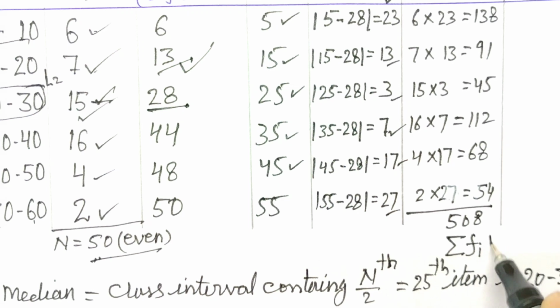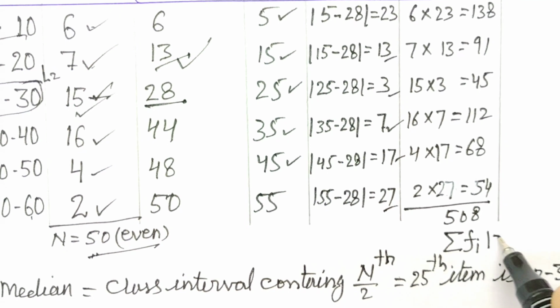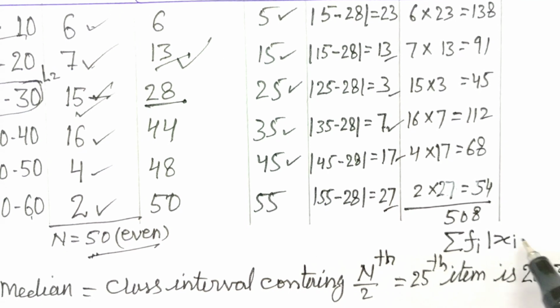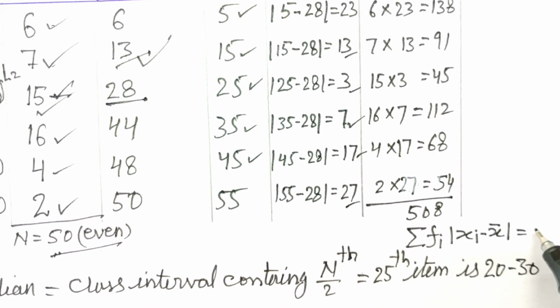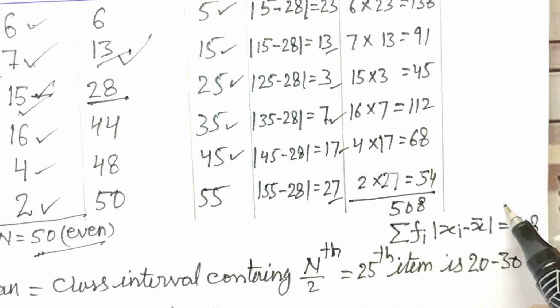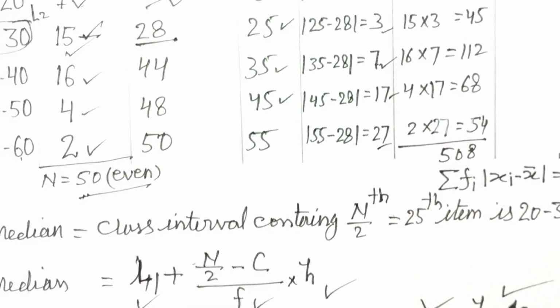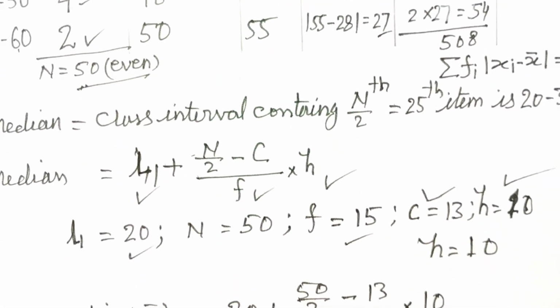The summation of fi into mod of xi minus x bar is equal to 508, right? Now we will determine the mean deviation.